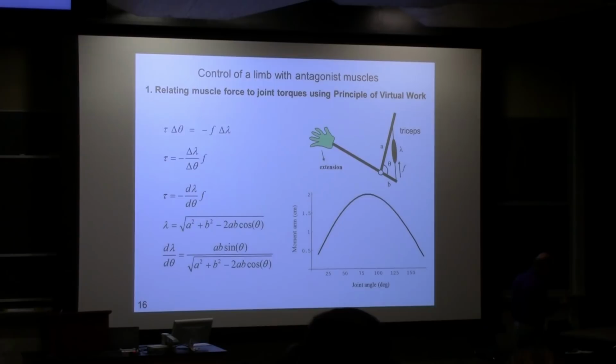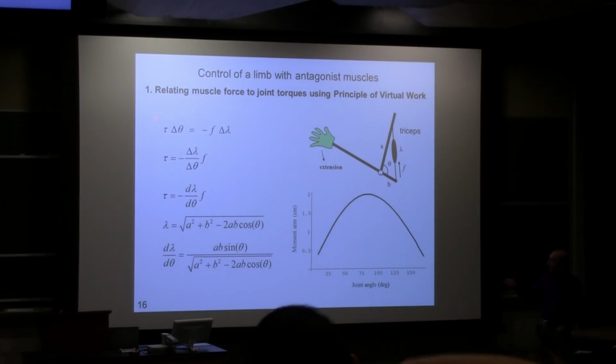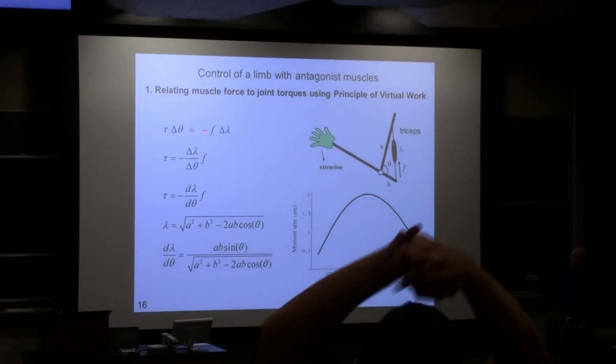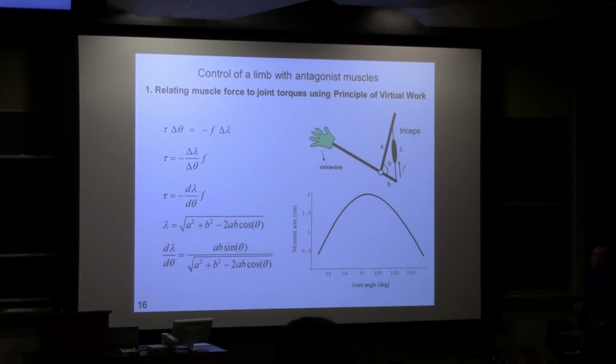So we're going to first relate work in one coordinate system, tau times delta theta, that's the joint coordinates of work, to force in the muscle coordinate system, lambda. So here we have a model of triceps. Triceps has some length, and here's the elbow. It has some force that it's going to produce.